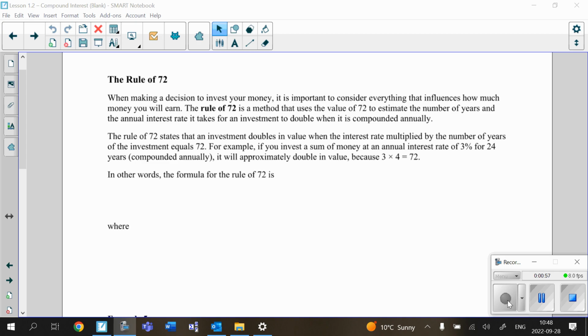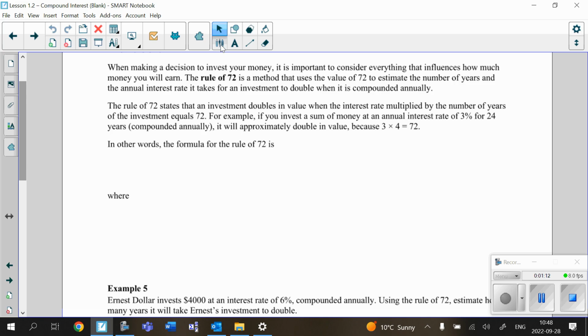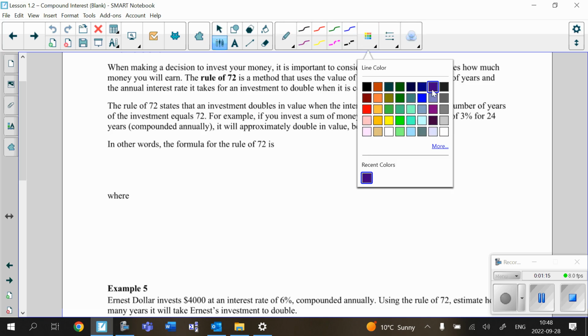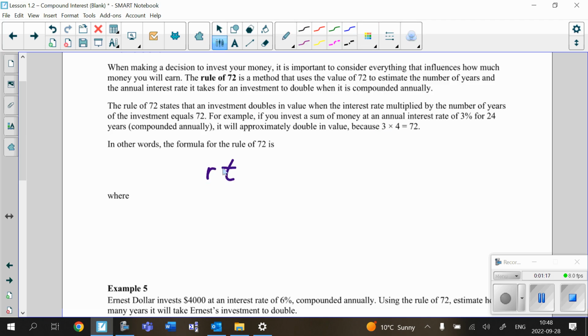If you want to know how long it takes to approximately double your money when you invest something, we can have a formula where the rate of interest that you invested at and the time that you invested for in years, if you multiply those two together, it will equal 72. At that interest rate and that time, if they multiply together to get 72, T will tell you how long it takes for your investment to double.